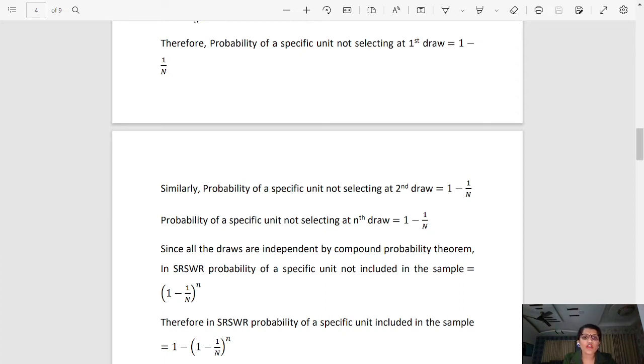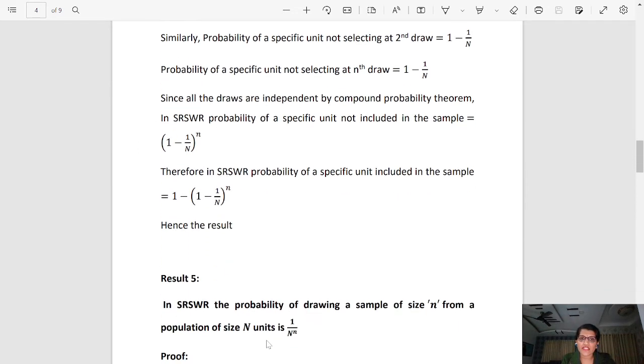So therefore, in SRSWR the probability that the specified unit is included is the complement of this probability, 1 minus (1 minus 1 upon N) raised to n. Hence the result is proved.